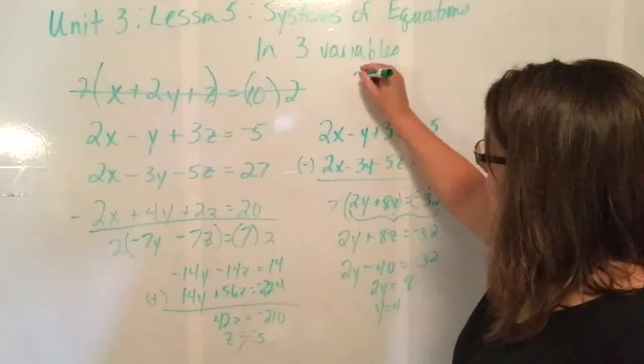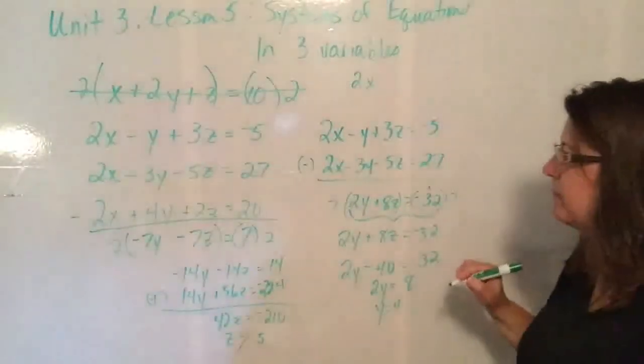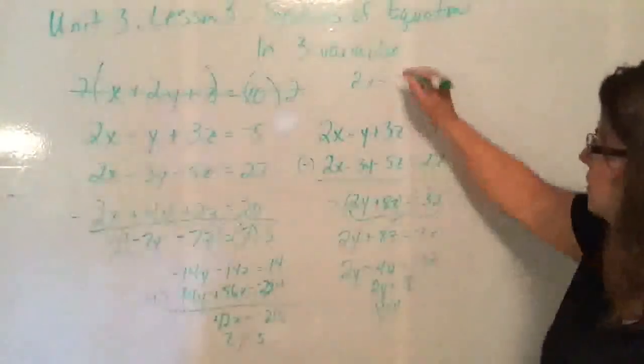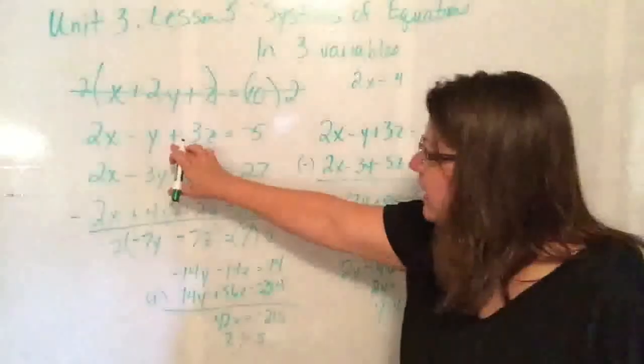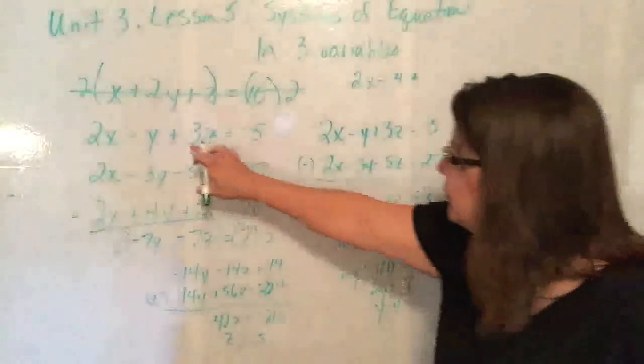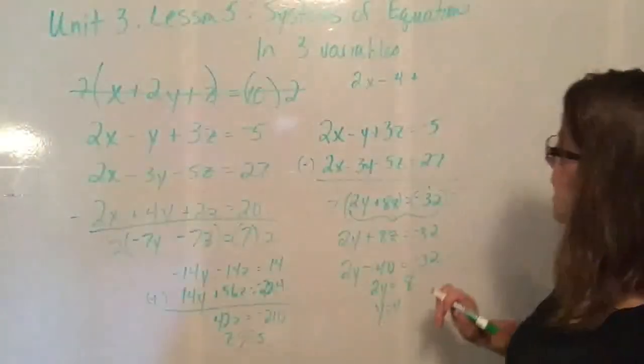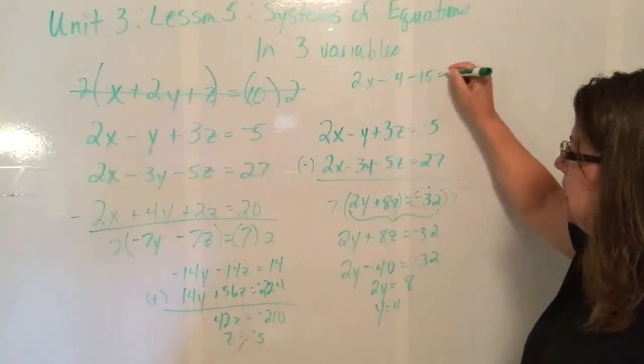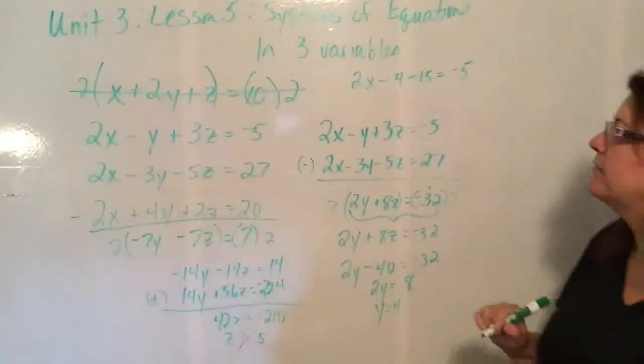So I don't know what x is, so I've got 2x minus 4 plus 3 times z, and z was negative 5. So that'll be a plus negative 15 or a minus 15, and it still equals that negative 5.